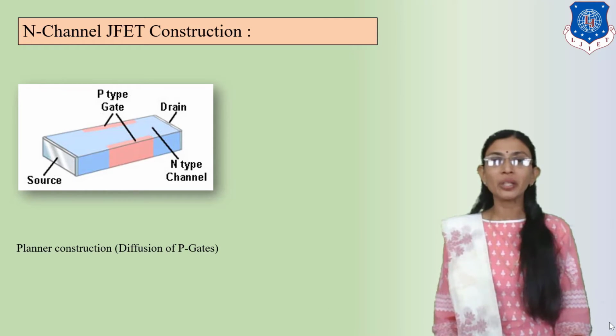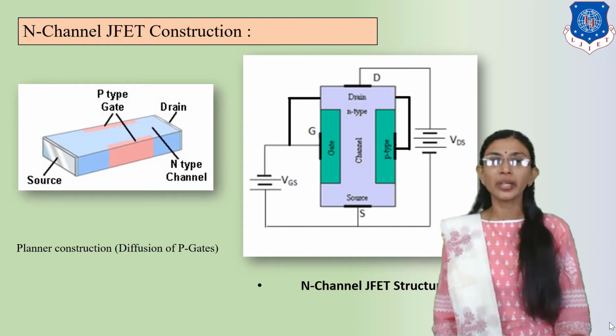So we will have the particular channel, that is the N type channel, and three regions: drain, gate and source. The gate is P type and it is diffused into the N type channel. So we will have to draw the theoretical and practical construction like this.